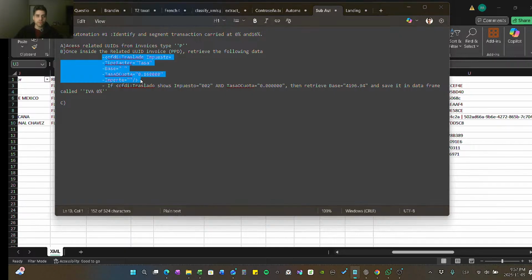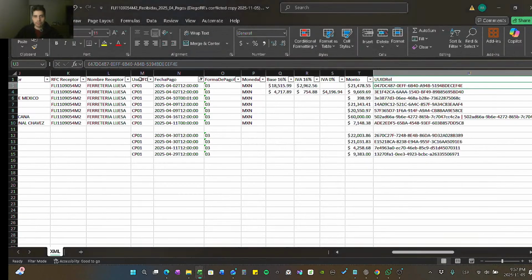Perfect. So that being said, I will just go and exemplify this real quick, just to gather my thoughts a little bit right here. The reason why I'm telling you this is because I won't find this specific related ID in all those other invoices that I already downloaded from the tax servers, from the SAT servers.